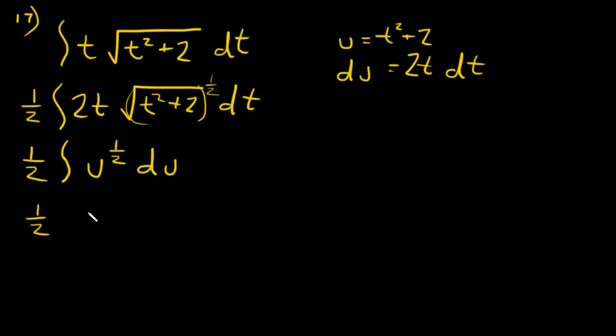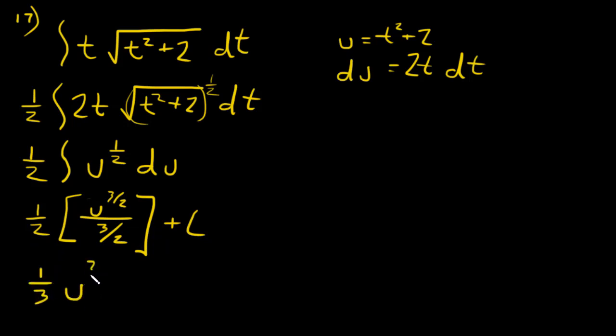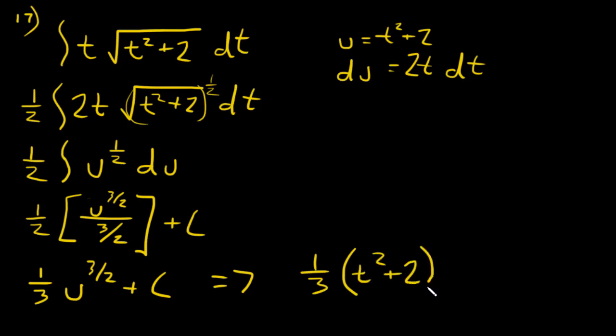That becomes 1/2 times u to the 3/2 divided by 3/2 plus c. And when I flip and multiply, this is going to become 1/3 u to the 3/2 plus c, which when I substitute back in, it's going to be 1/3 times quantity (t squared plus 2) to the 3/2 power plus c. And there you go.